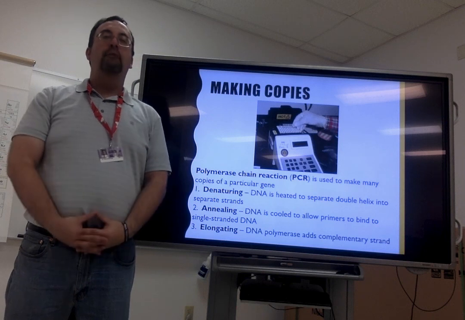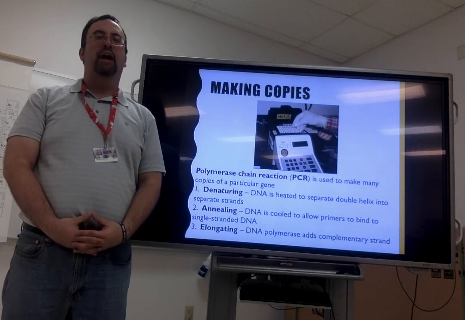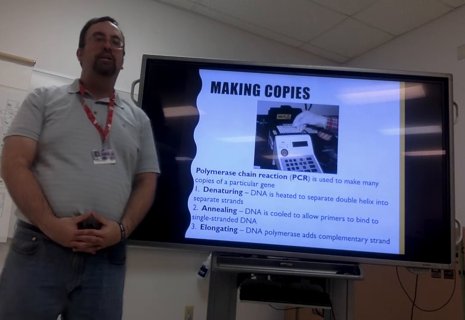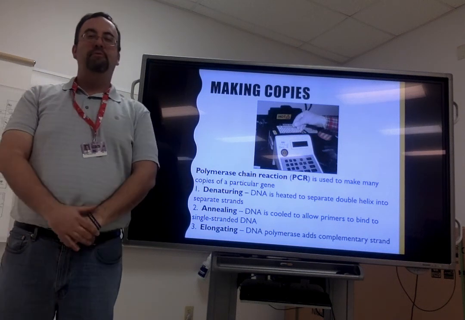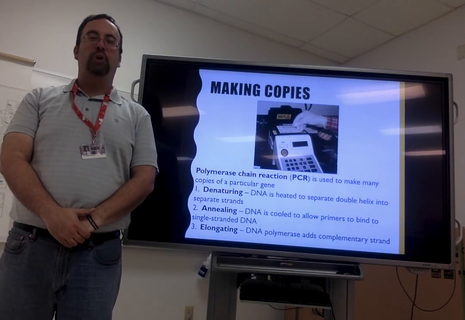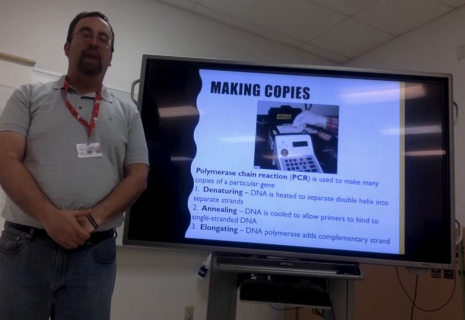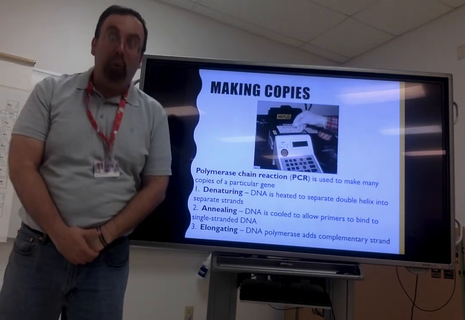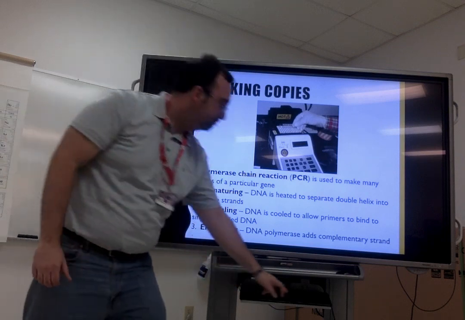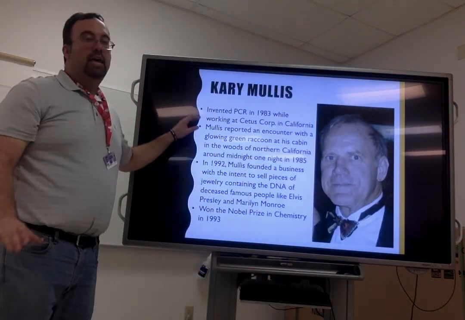And so I want to also take a moment to talk about the inventor of the polymerase chain reaction, also called PCR, an American gentleman by the name of Kary Mullis. And boy, is he quite a character. All right.